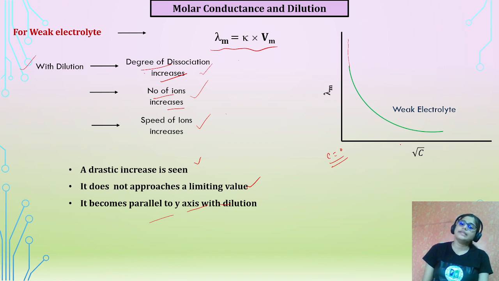Most important thing, please listen carefully: for the case of weak electrolyte, we can't find any limiting value lambda m0. We can never find it.